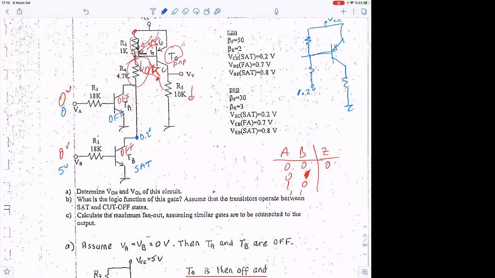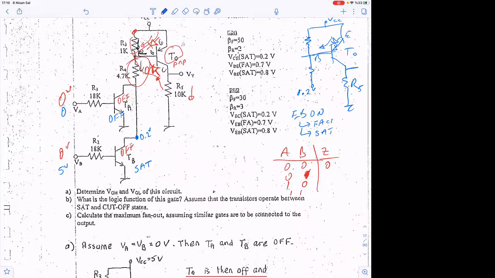My gut feeling tells me that this transistor is going to be on because this junction will be on. If this junction is on, this transistor T0, because this is emitter, this is base, right? EB on means the transistor is either in forward active or in saturation.